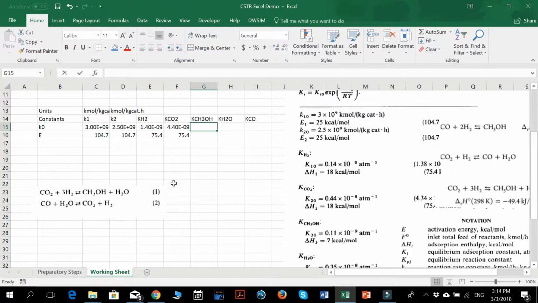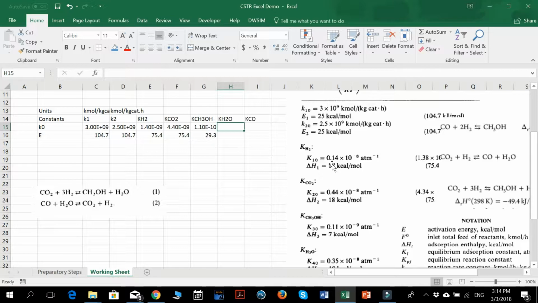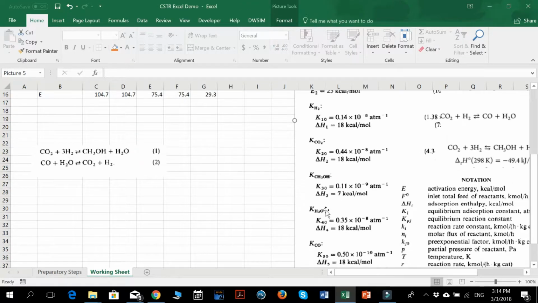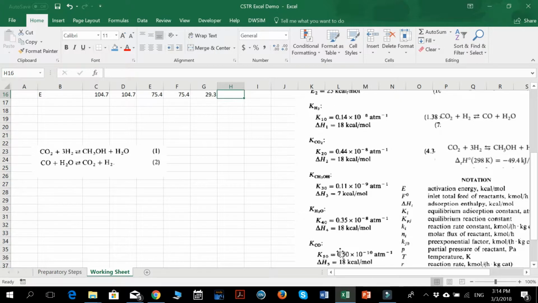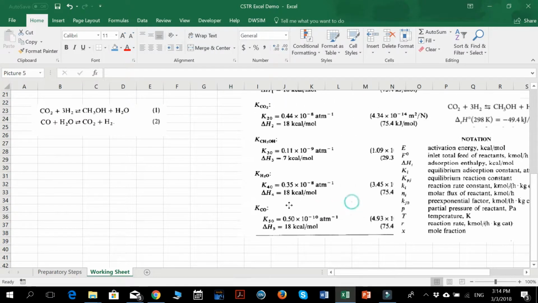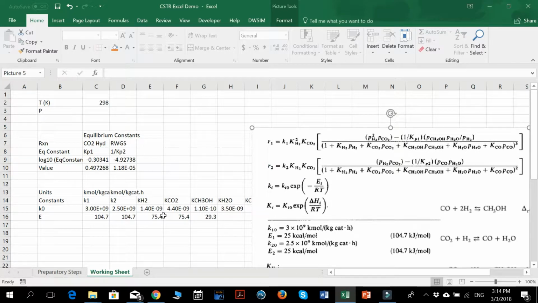Next is 0.11 E minus 9, and then it goes to 293, 29.3, 0.35 E minus 8, 0.35 E minus 8, and next one 75.4. So the last two are 75.4.